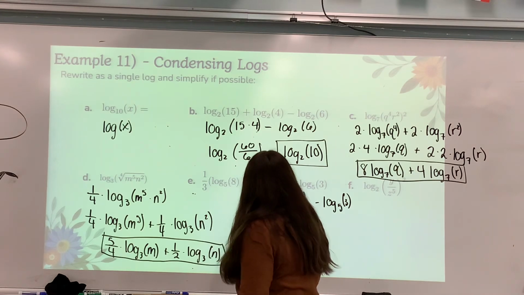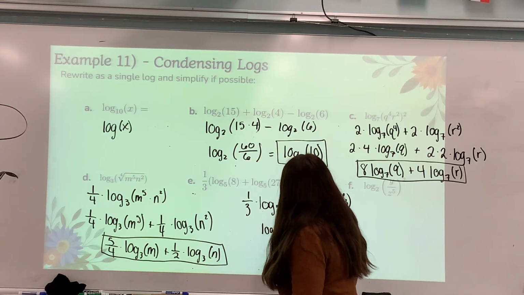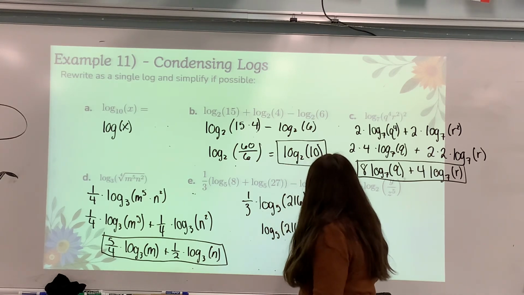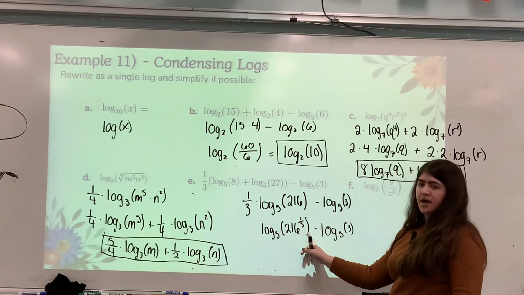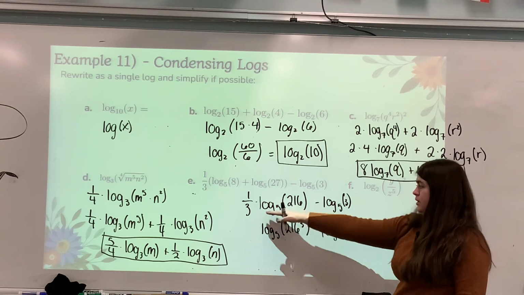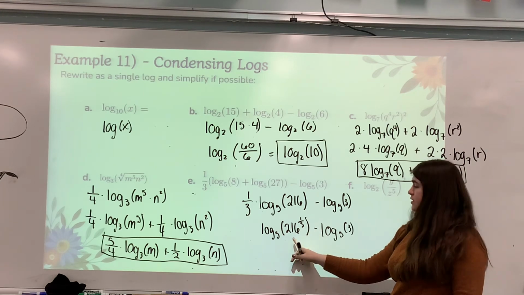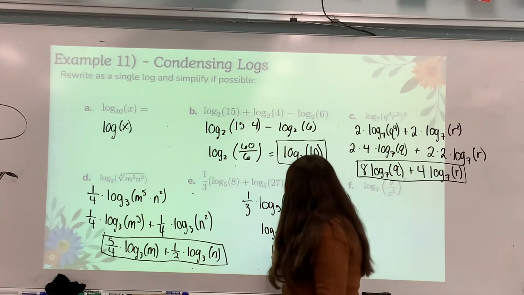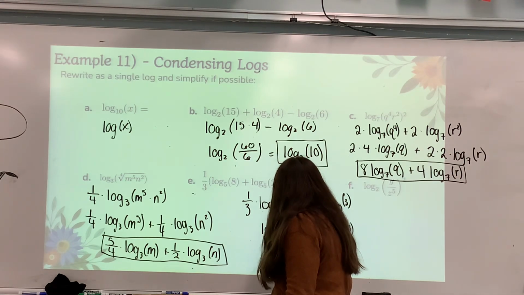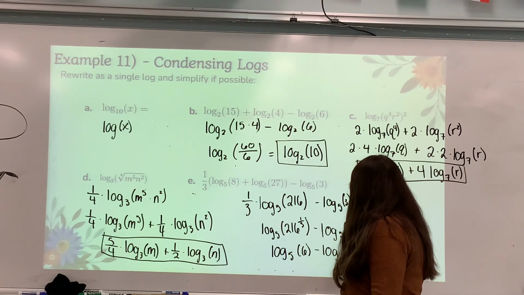So I have log base 5 of 216 to the 1/3 power minus log base 5 of 3. If this did not simplify nicely, we wouldn't do it. We would just leave it like this. But this is going to work nicely because what is the cube root of 216? 6. So we have log base 5 of 6 minus log base 5 of 3.